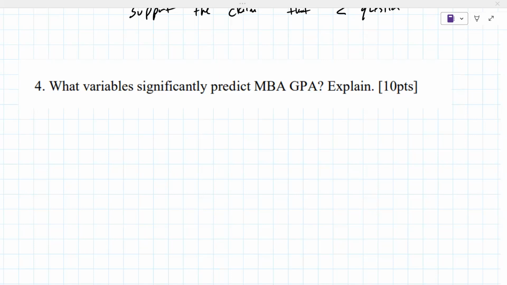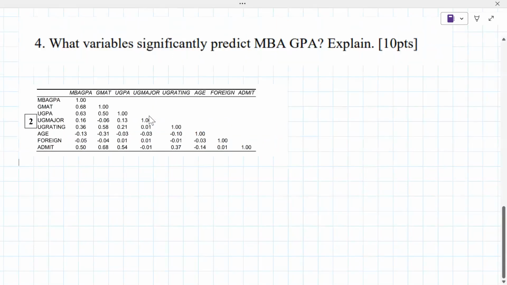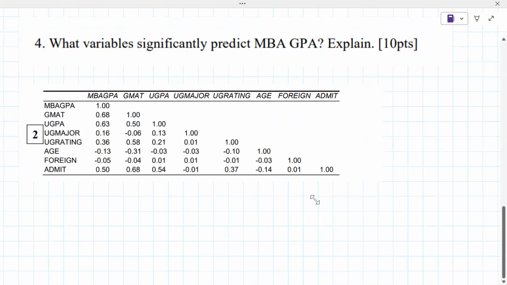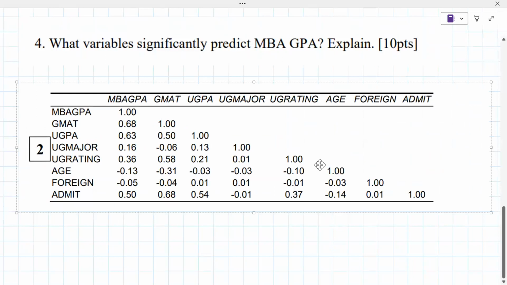What we're missing in this table are the p-values. So we can't just, no, sorry, let me grab the table. So we're looking at the column with MBA VPA. We're looking at just this column here.